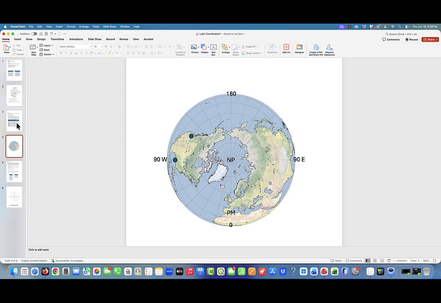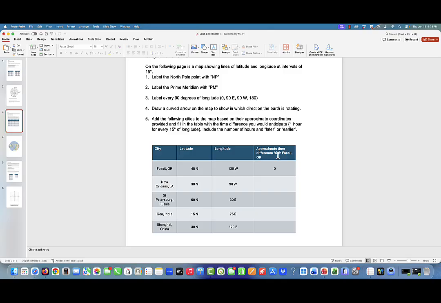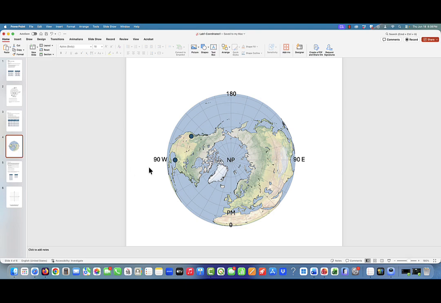Once you've added all those points, you're going to tell for all those points what the approximate time difference is between Fossil, Oregon and these 4 other places here. The way that you're going to do that is by saying that every 15 degree change in longitude is going to equal approximately 1 hour in general. In the first case, it's true, right?